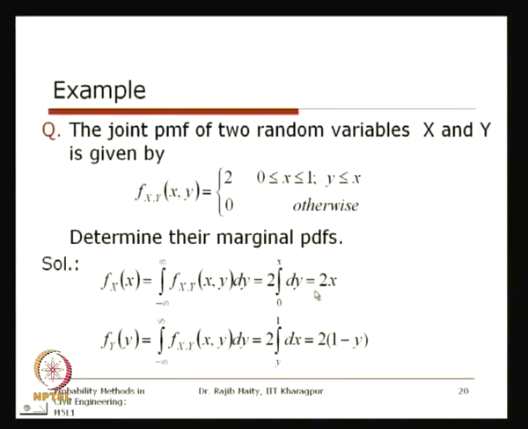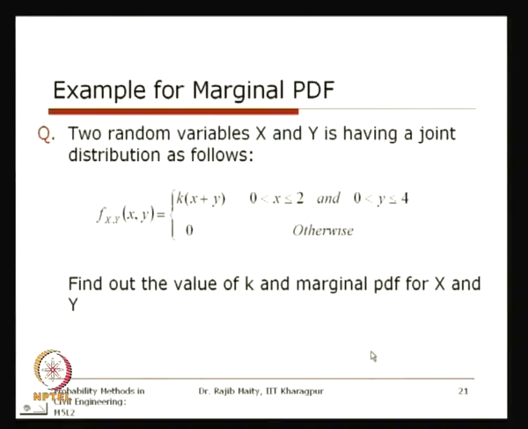So this equals 2x. Similarly, for y we have to do the integration with respect to x, which goes from y to 1, and if we do this integration we will get 2 into (1 minus y). Now a little bit more.